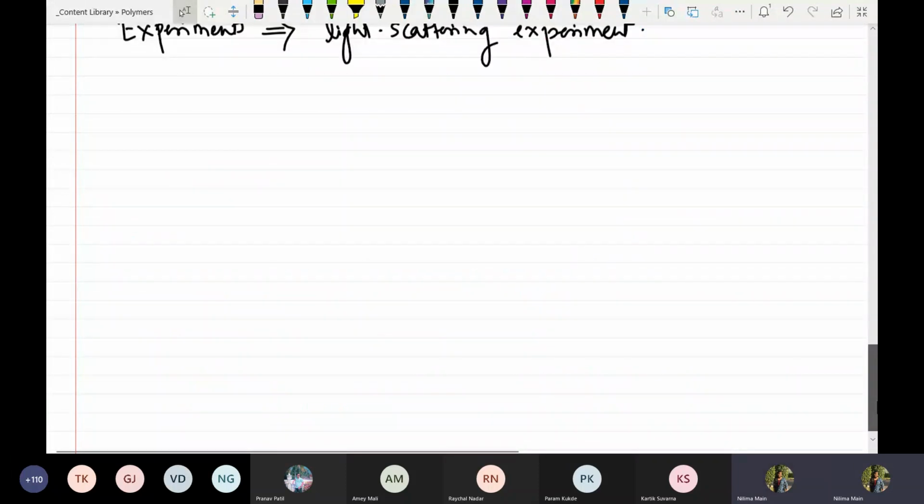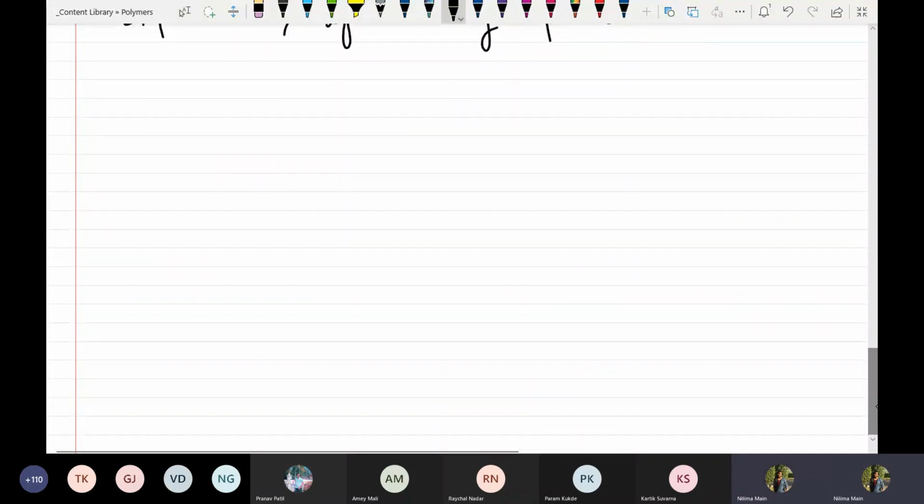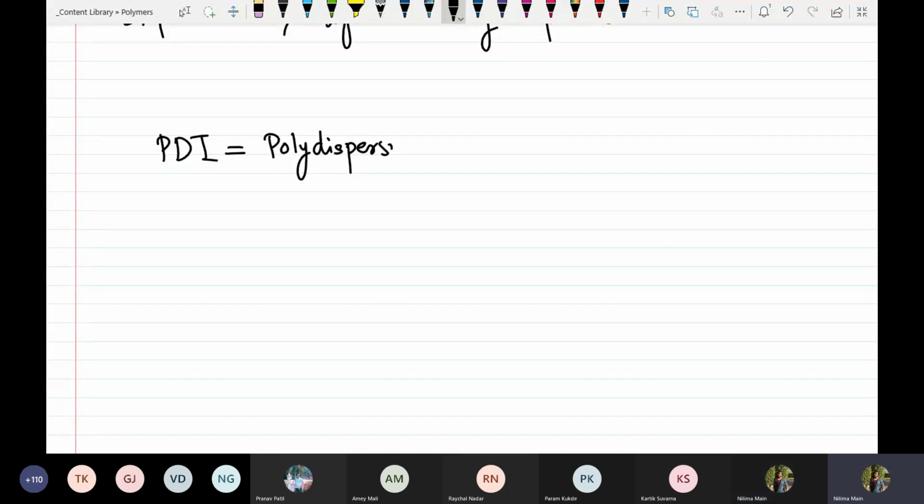Now there is one more concept which is, I think they ask in the numericals, PDI, polydispersity index. Okay, polydispersity index. So this is very simple. This is basically the ratio of weight average molecular weight upon number average molecular weight, correct?